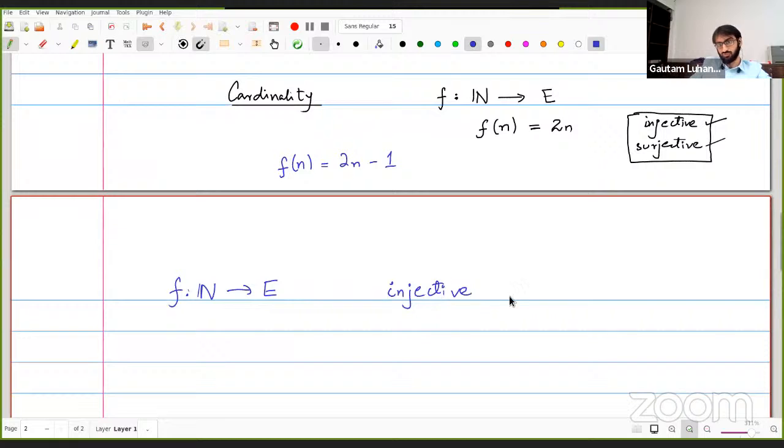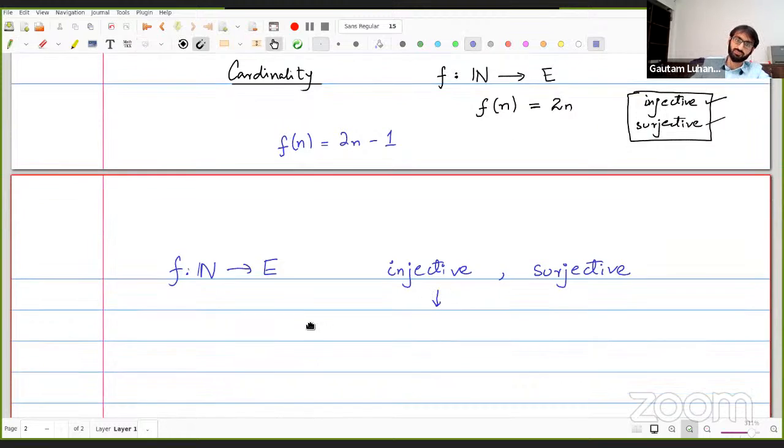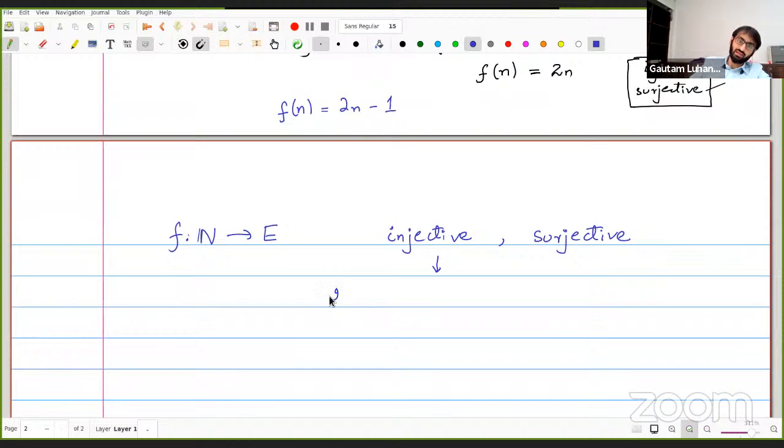And before, of course, we do that, I need to define what injective and surjective mean. So let's define a simple mapping.